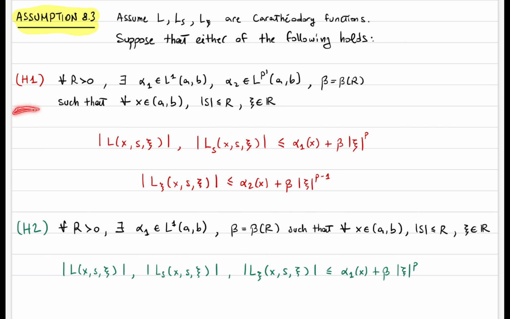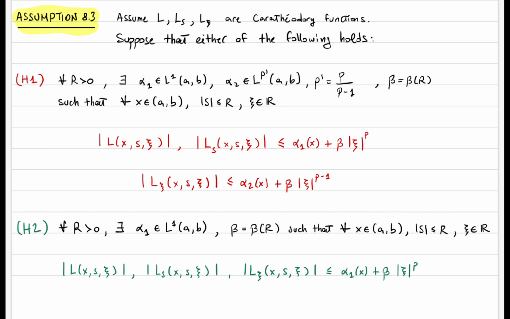The first condition, H1, says that for every R larger than 0, there exists an L^1 function, which we call alpha 1, and an L^{p'} function, which we call alpha 2, where p' is the Hölder conjugate of p, so p' is defined to be p over p minus 1.